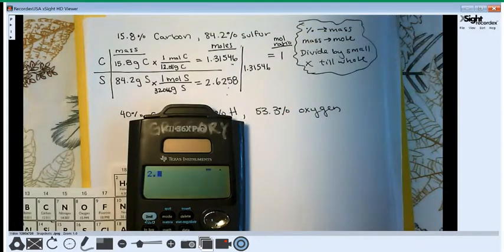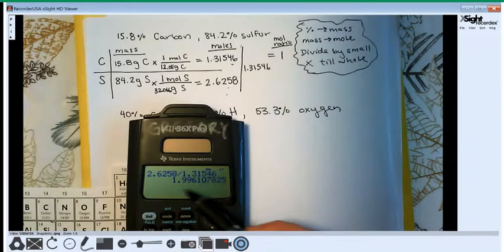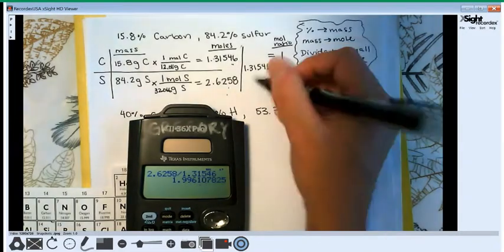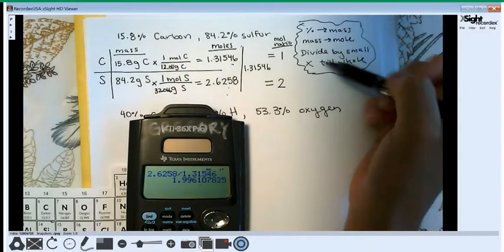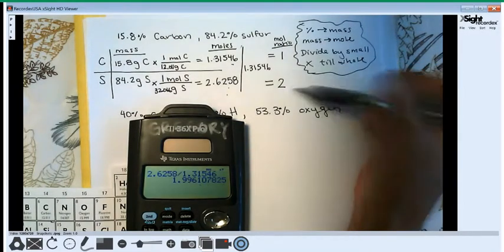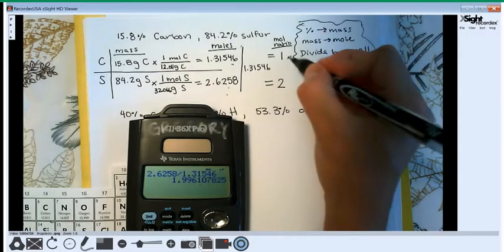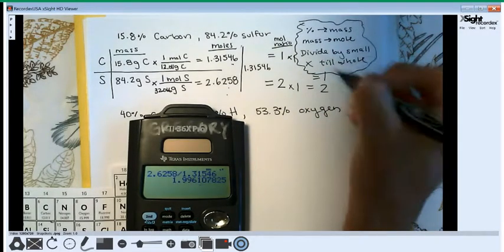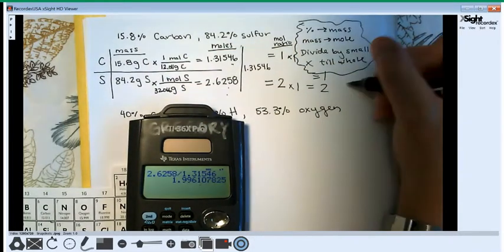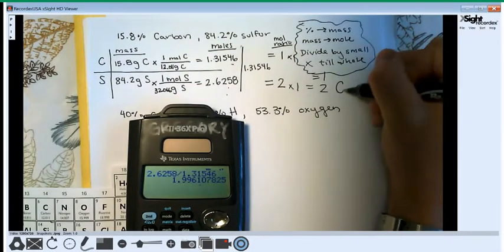And 2.6258 divided by 1.31546 is approximately 2, 1.996, and it's safe to round that up to 2. So I don't need to multiply till whole because these are already whole numbers. Just multiply each by 1, so we end up with 1 carbon and 2 sulfurs. My empirical formula is CS2.